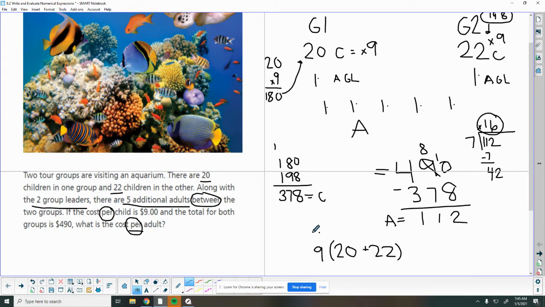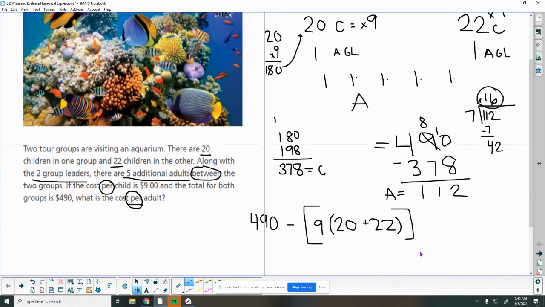So we need to do all of this first, and then we took 490 and subtracted from that. So now we've got to do this all first. This is kind of a step-by-step problem. And then we could divide by the 7 adults.